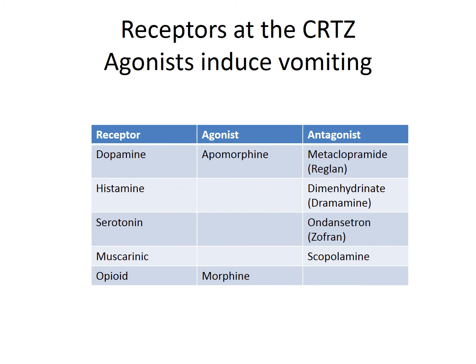And so our anti-emetic drugs, those that stop vomiting, all work as antagonists at one of these receptors at the chemoreceptor trigger zone. So if you have motion sickness, you might put a scopolamine patch on. That works by antagonizing muscarinic receptors in the chemoreceptor trigger zone.